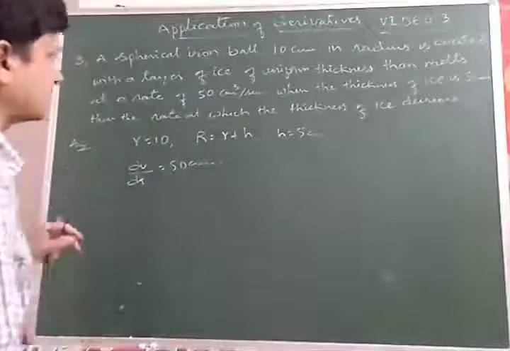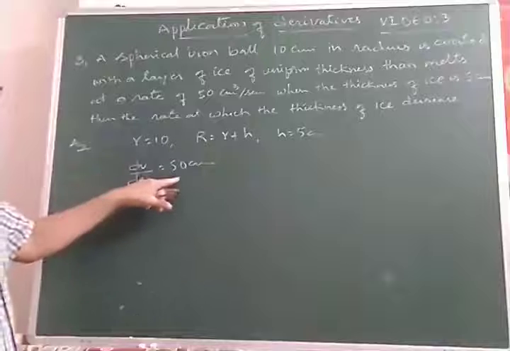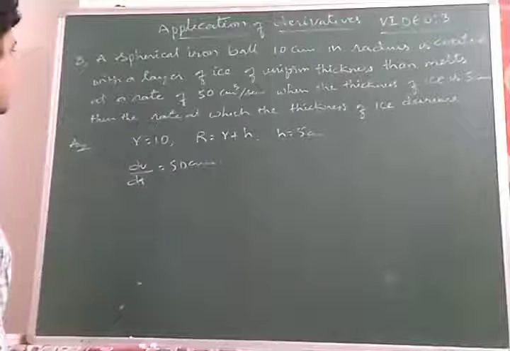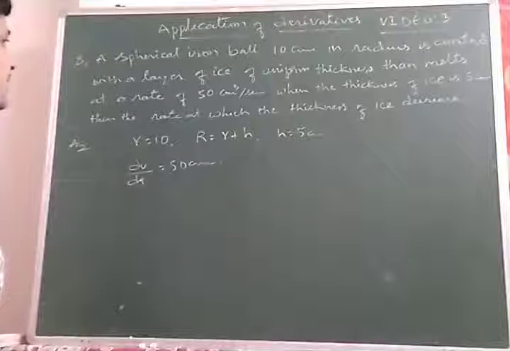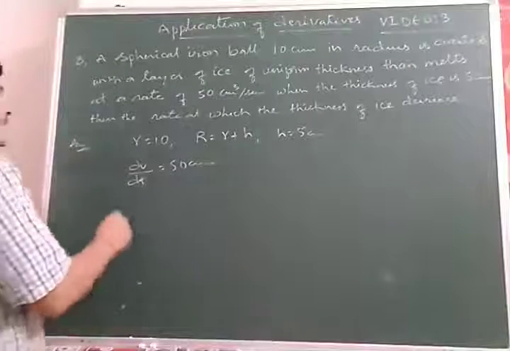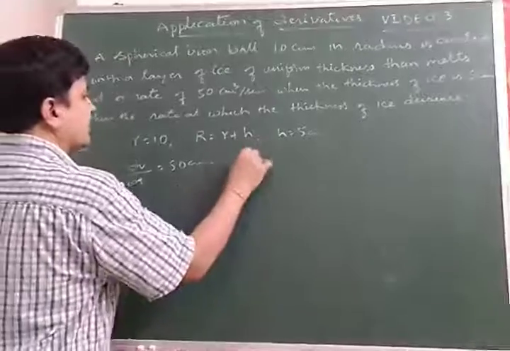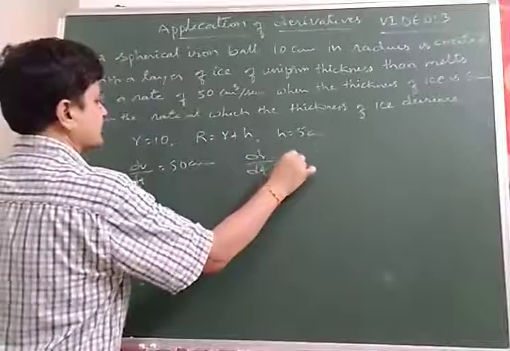It melts, that means the rate of change in volume is 50 cubic centimeters per second. When the ice is 5 centimeters, find the rate at which the thickness changes. dr by dt is equal to how much?